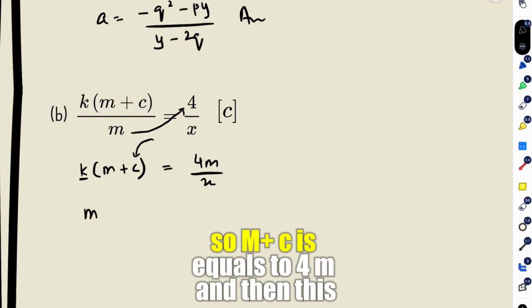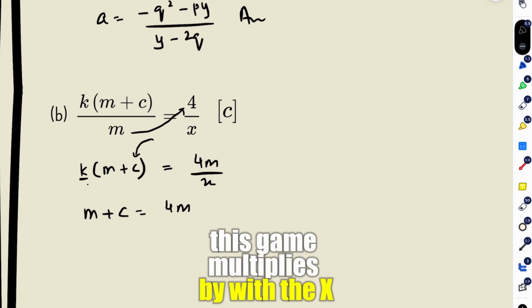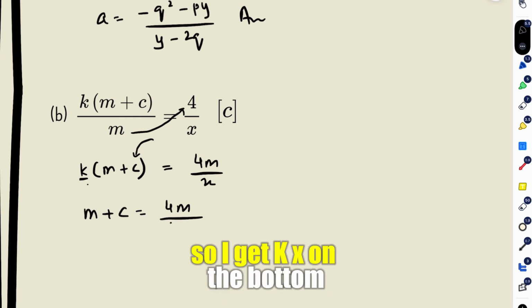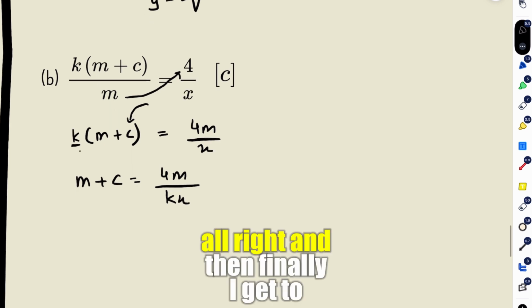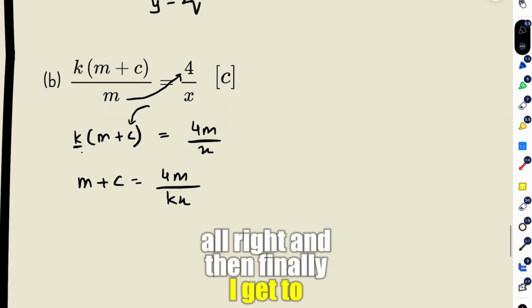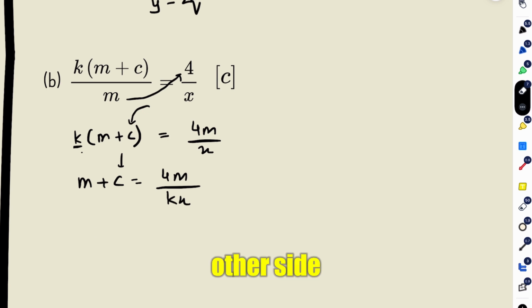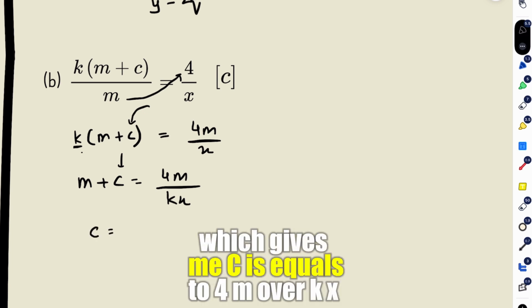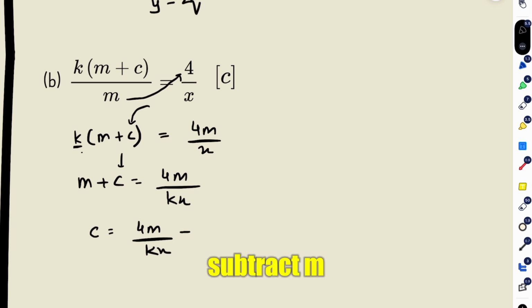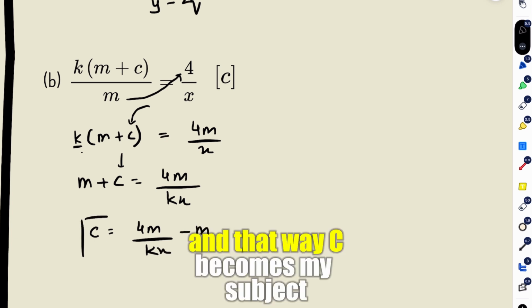So m plus c is equals to 4m, and then this k multiplies with the x, so I get kx on the bottom. All right. And then finally, because I need to isolate c, I'll take the positive m over to the other side, which gives me c is equals to 4m over kx subtract m, and that way c becomes my subject.